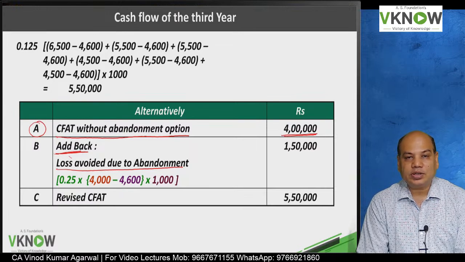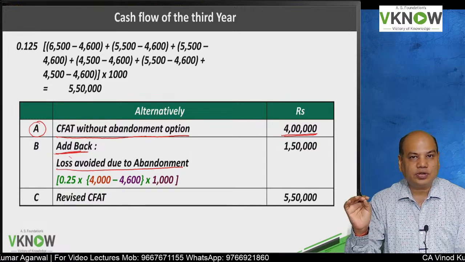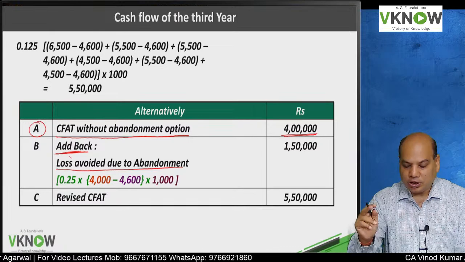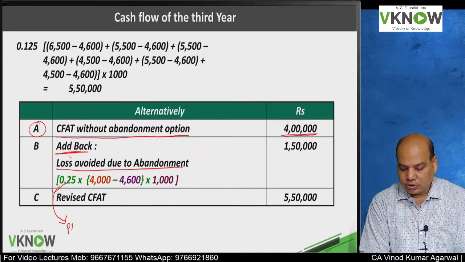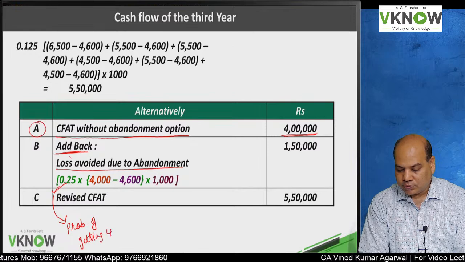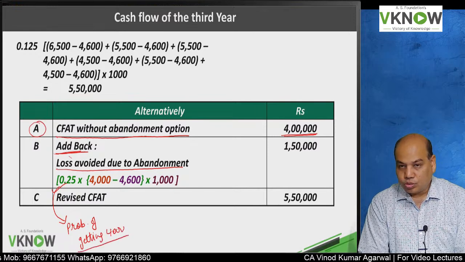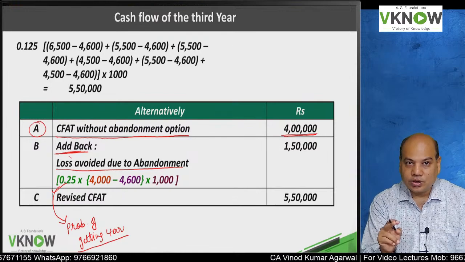Now remember that in diagram number 1, we will abandon at the point 4,000 rupees. The probability of getting 4,000 is 0.25 only. You are going to abandon when gold price is 4,000.